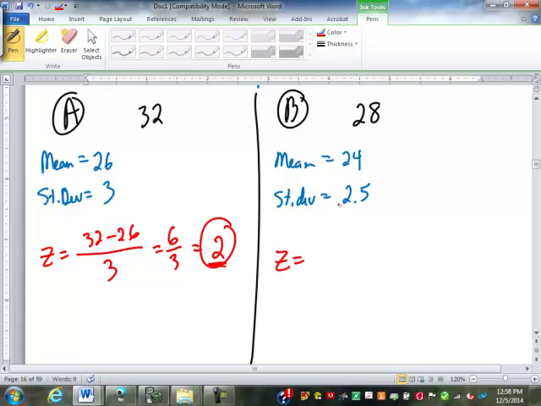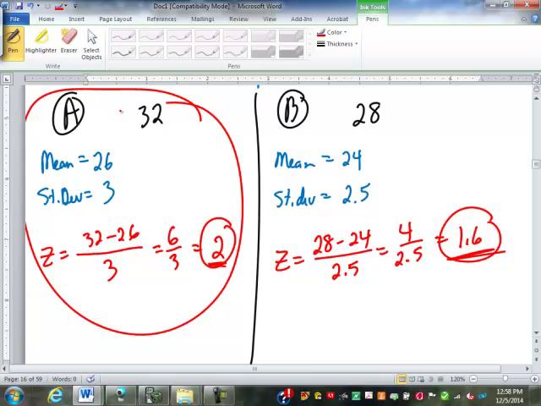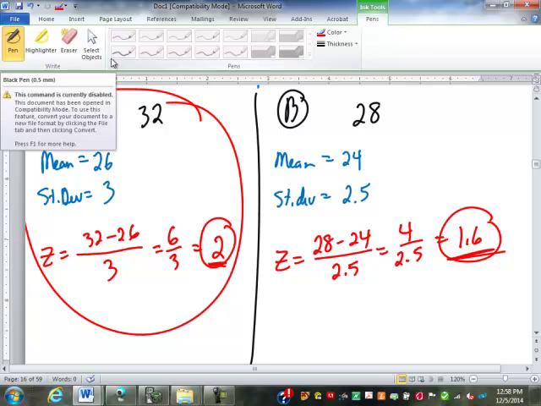What are we going to do? 28 minus 24 divided by 2.5. 28 minus 24 is 4, divided by 2.5 is 1.6. This person's only 1.6 standard deviations above the mean. So employee A is the better employee. What do you think? Good stuff?